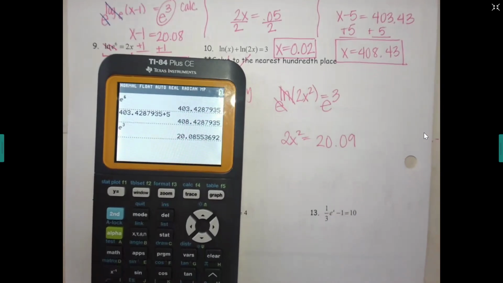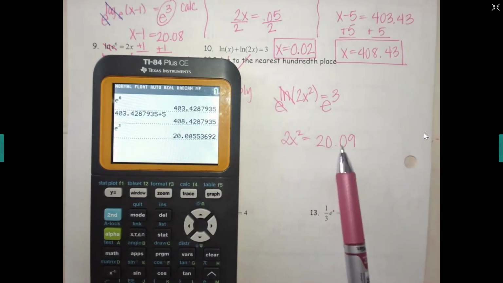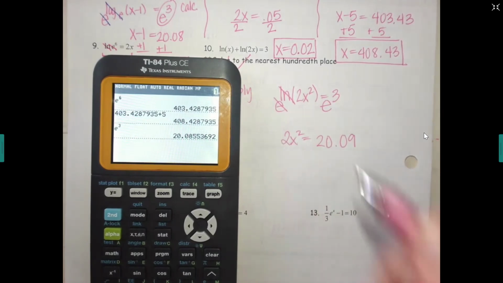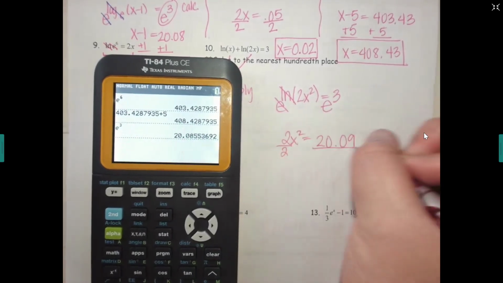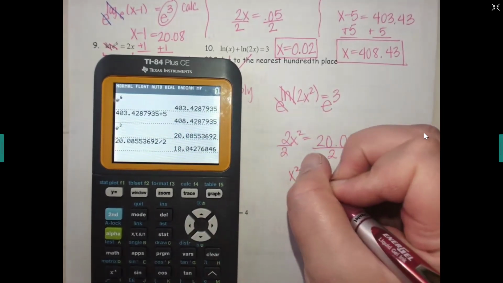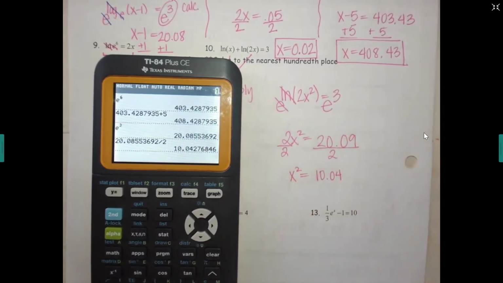But remember, I'm going to use the long decimal until the very end. So what is my next step going to be before I square root? Divide by 2. Very good. And then remember, you want to keep that long version, divide by 2. That gives me x squared equals 10.04. And then take the what? Now square root. Very good.